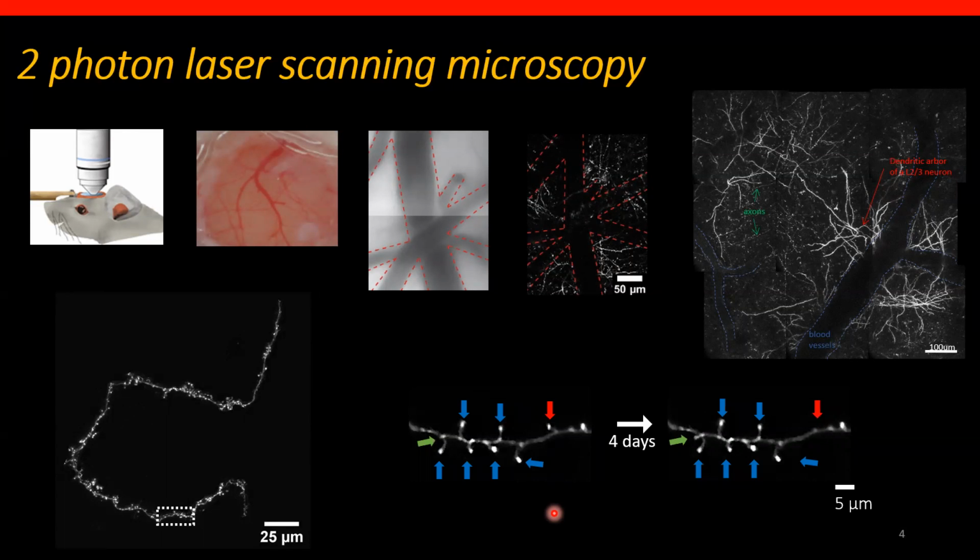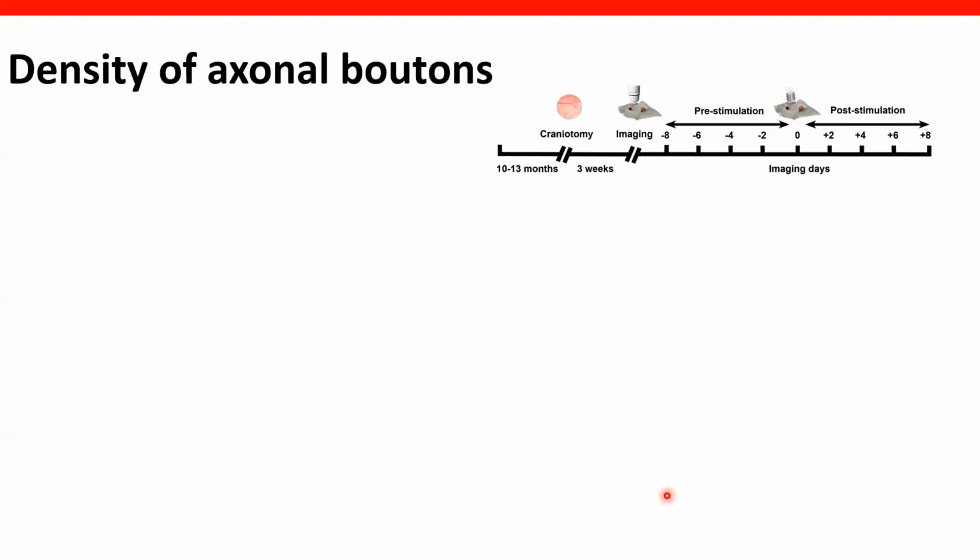So we can get a range of readouts from these experiments. I will be talking today about density, as the number of boutons per length, and turnover, as a measure of the proportion of gains and losses between two consecutive imaging sessions.